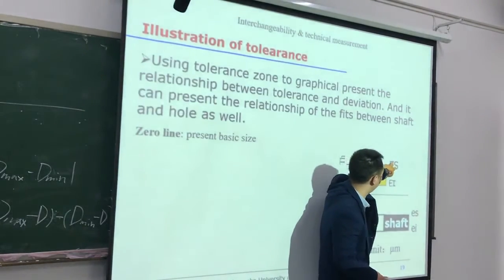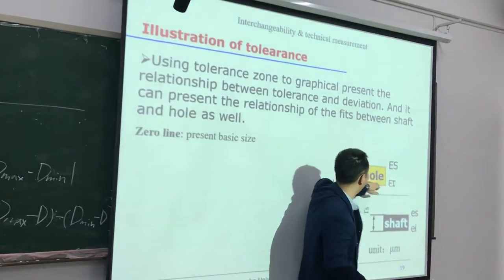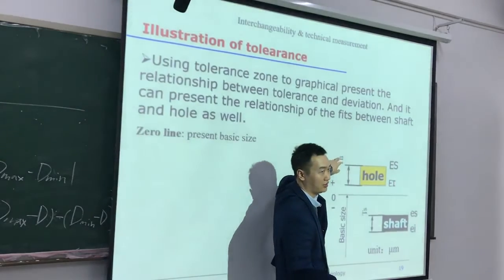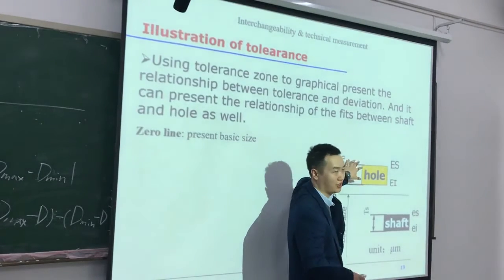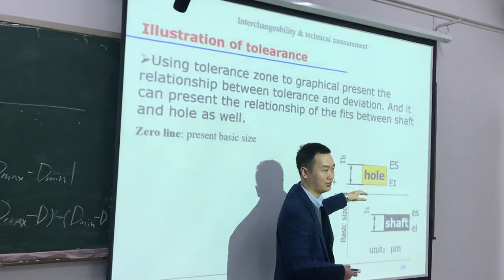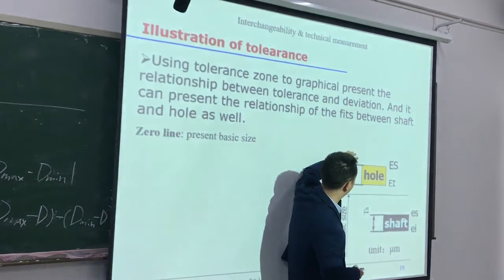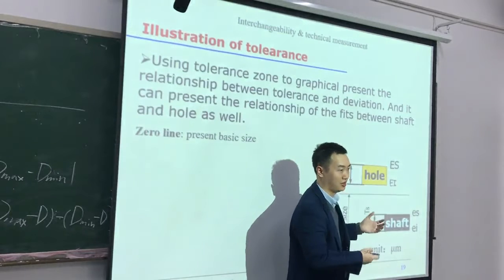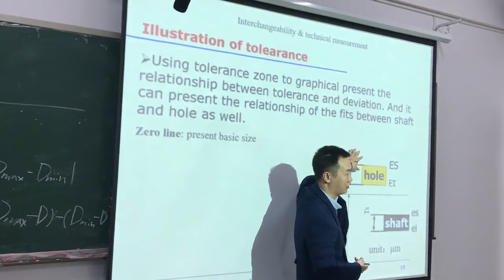We use the upper deviation minus the lower deviation to get the tolerance, right? If the tolerance is small, it means it's a component with high precision, and it's difficult to manufacture. If the tolerance is large, it means it's with low precision and it's easier to manufacture.